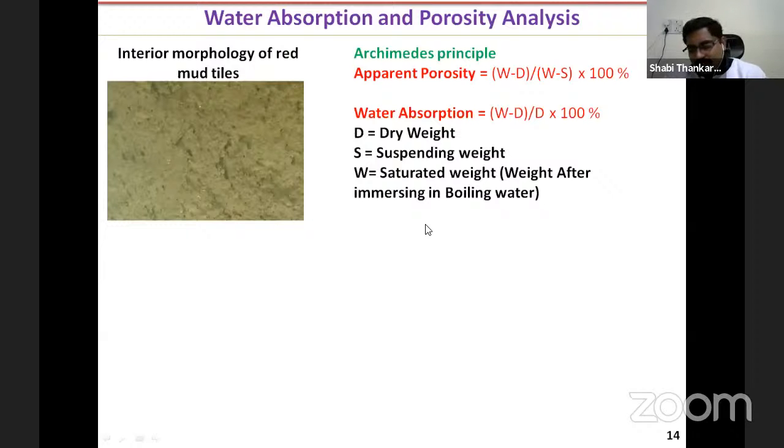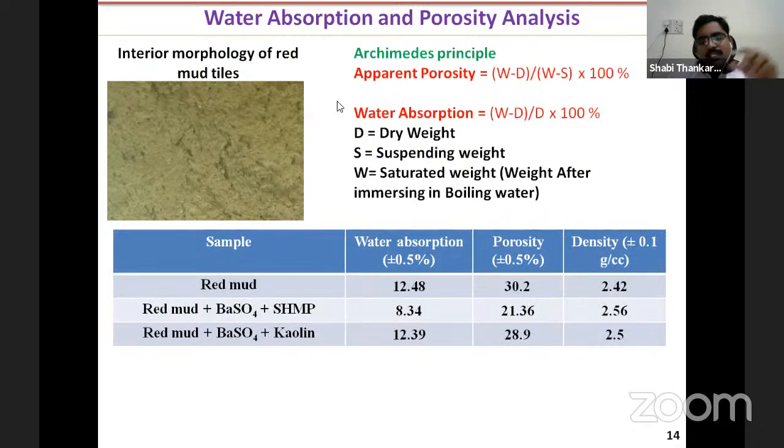But for gamma rays, these tiles are not good for shielding, because we checked the attenuation and it was very poor. Then we investigated the tile interior morphology. You can see there are a lot of pores in it. When we calculated the porosity using the water absorption technique, Archimedes principle, the porosity is nearly 30%, which is not good for shielding gamma energies.